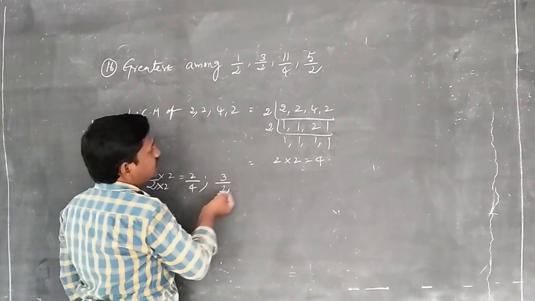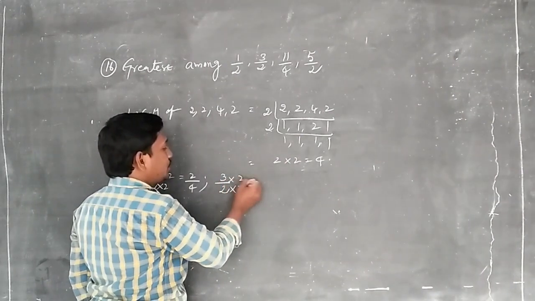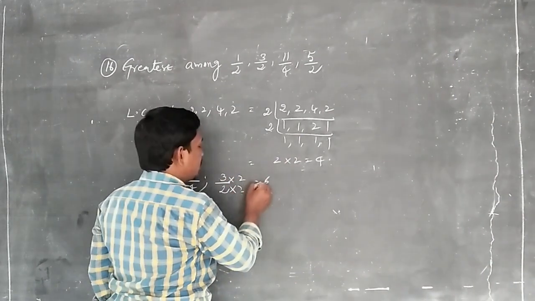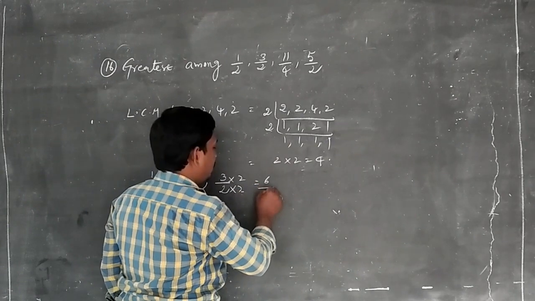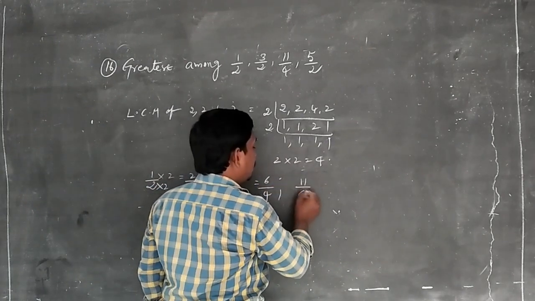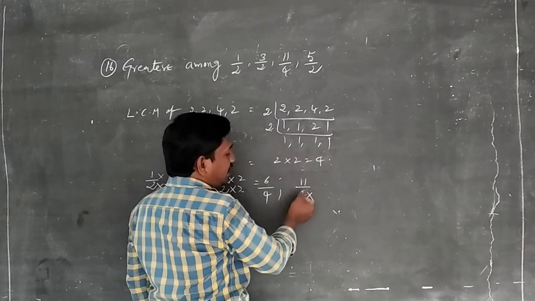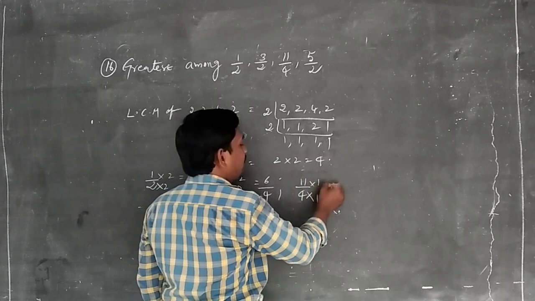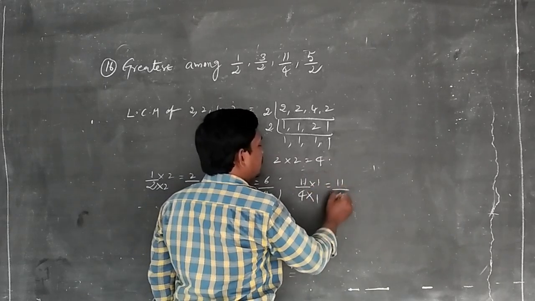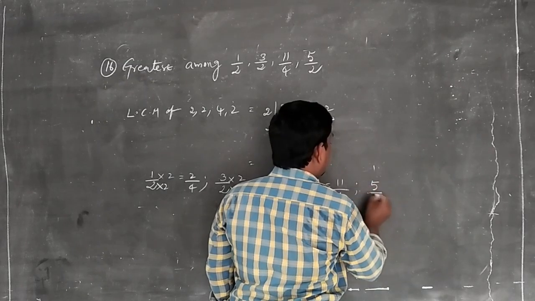If 2 becomes 4, the numerator and denominator are multiplied by 2. 3 2s are 6, 2 2s are 4, giving 6 by 4. Again 11 by 4. If 4 becomes 4, the numerator and denominator are multiplied by 1. 11 ones are 11 and 4 ones are 4. And 5 by 2.